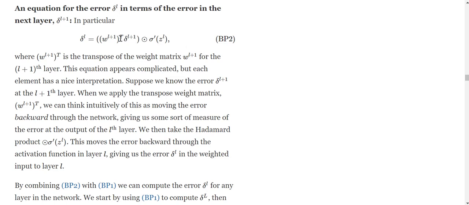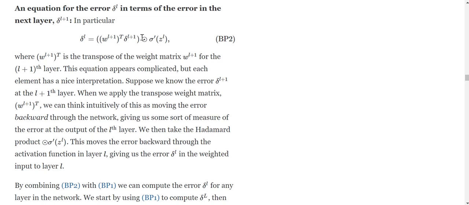So once you take the matrix multiplication with the error in the L plus 1th layer, you get some sort of measure of the error at the output of the Lth layer. And then when you take the Hadamard product with the derivative of sigmoid at point ZL, this moves the error back one more step.